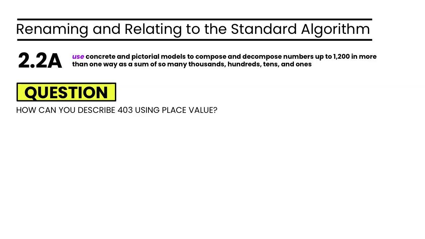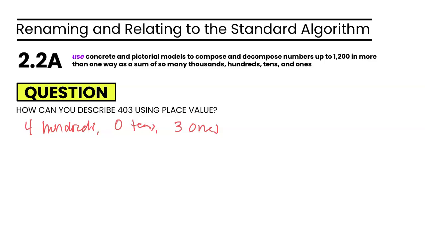And so the question is, how can you describe the number 403 using place value? Well, one place that you might start is by saying 4 hundreds, 0 tens, and 3 ones. But this would obviously not be the only way to describe this number using place value.